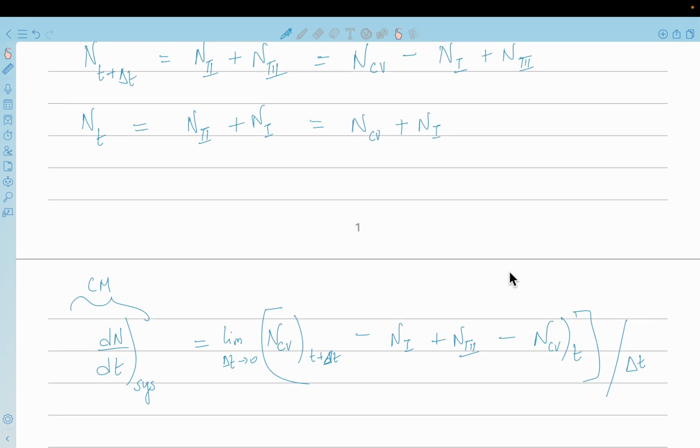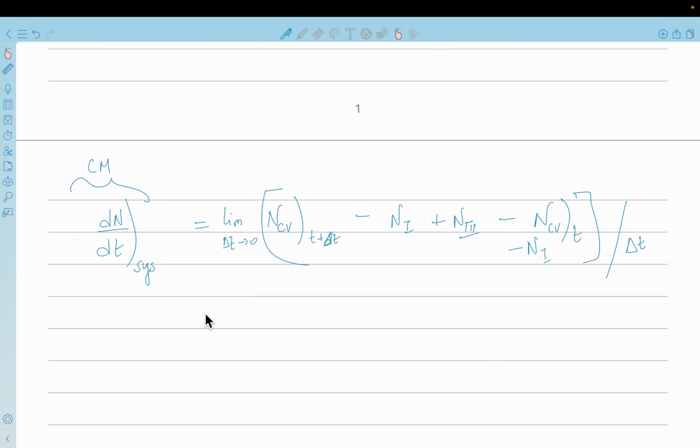Oh, and we also have a plus N1 over here, so we also have a minus N1. Okay, so you can now rewrite this as limit delta t tends to 0 of NCV at t plus delta t minus NCV at t. Yes, somebody has a question?